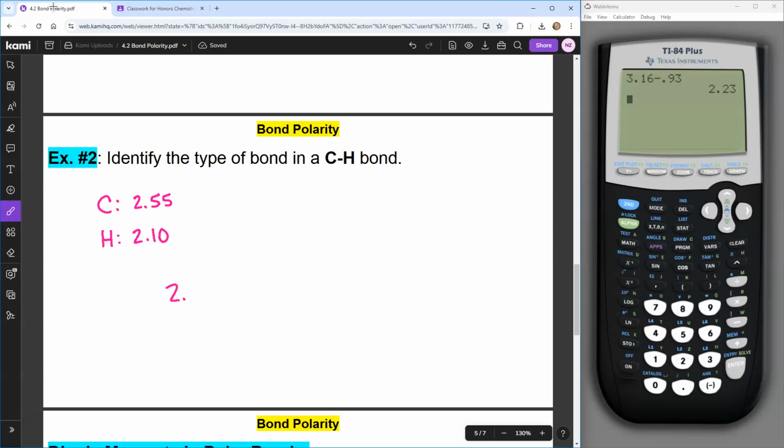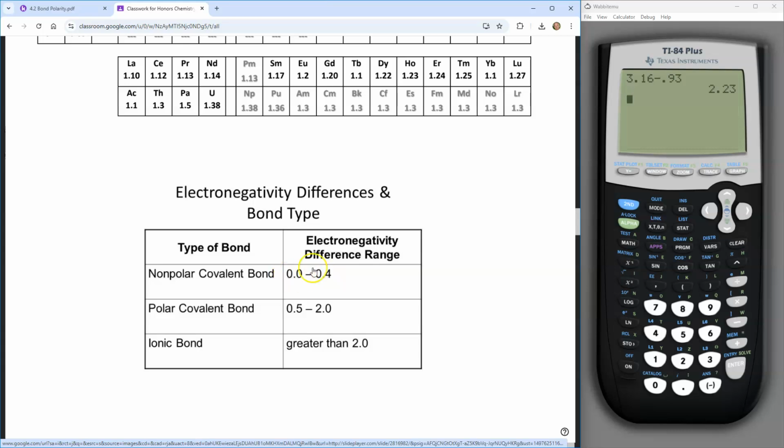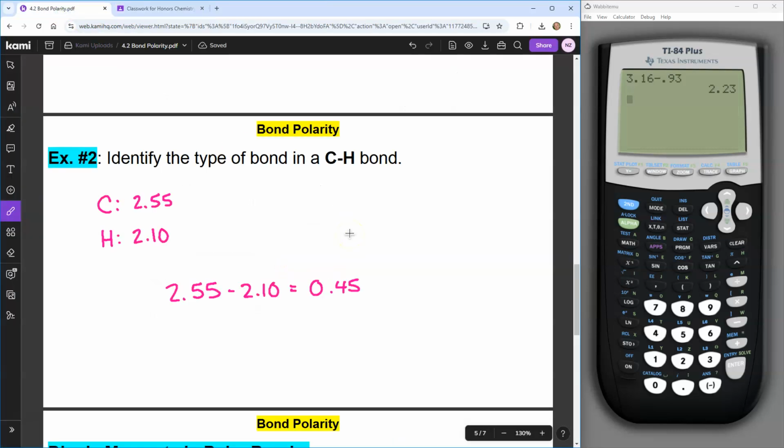So bigger number first, 2.55 minus 2.10, 0.45. Didn't even need the calculator for that one. Okay, so that means it is going to be a nonpolar covalent. So we know it's covalent because these are both nonmetals, not a metal and a nonmetal. And nonpolar means that they're sharing electrons equally.